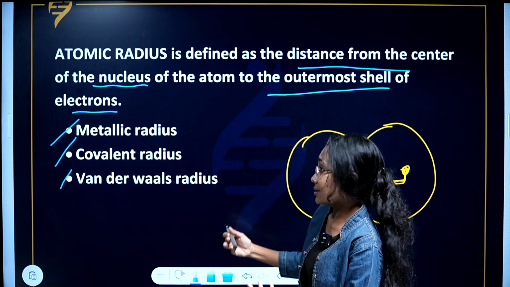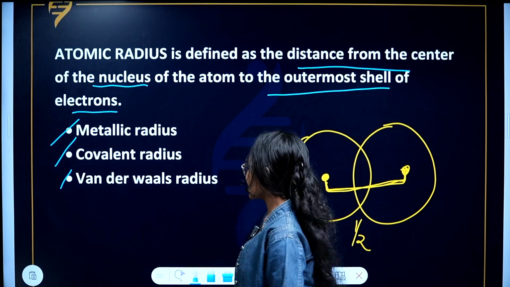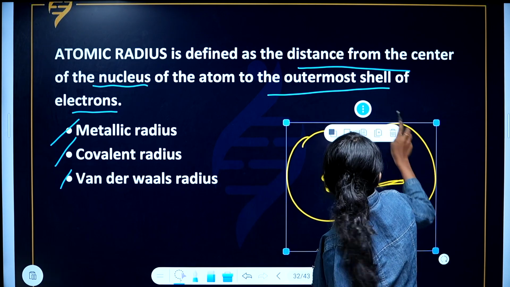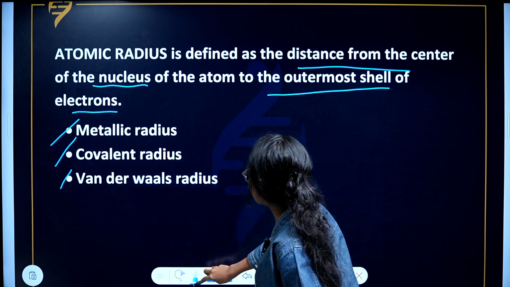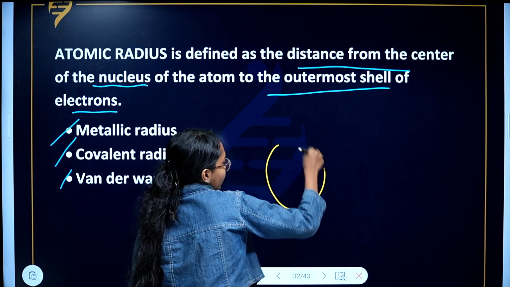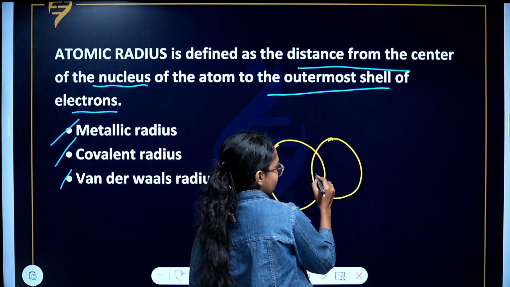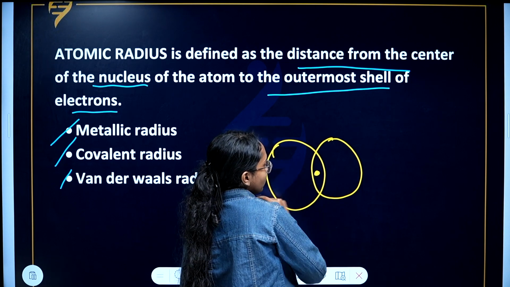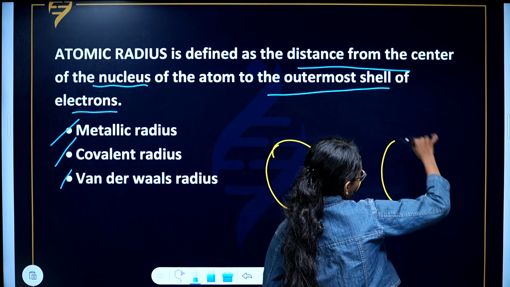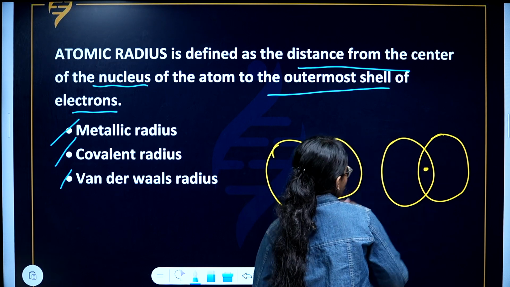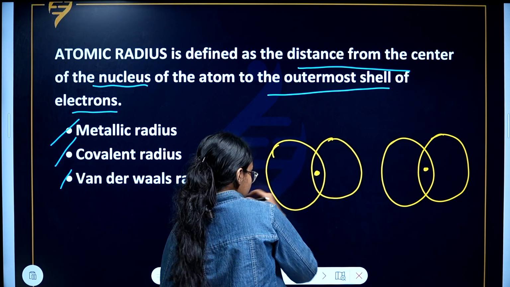Now the last one, van der Waals radius. Van der Waals radius is very simple. I have a molecule here. Molecule, you know what a molecule is, right? This is a nucleus of the molecule. I have another molecule here, with another nucleus.